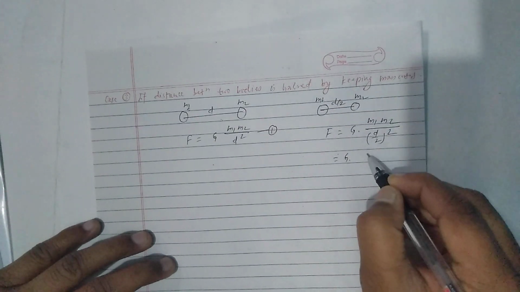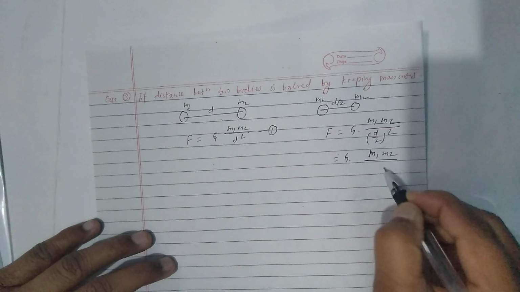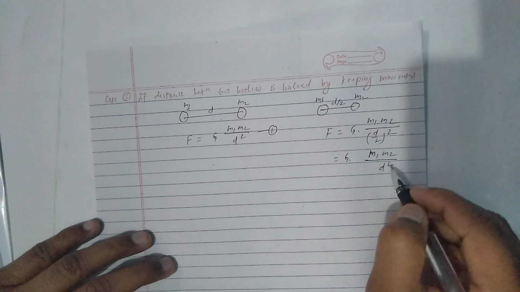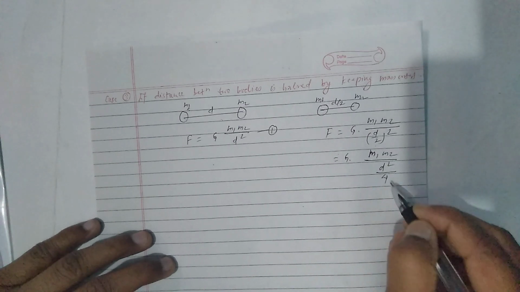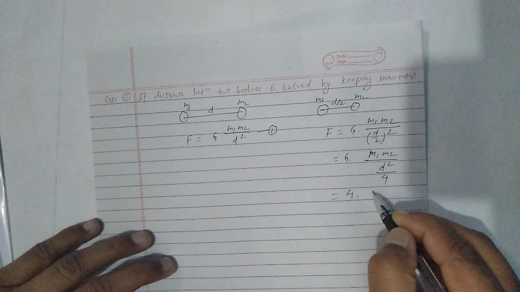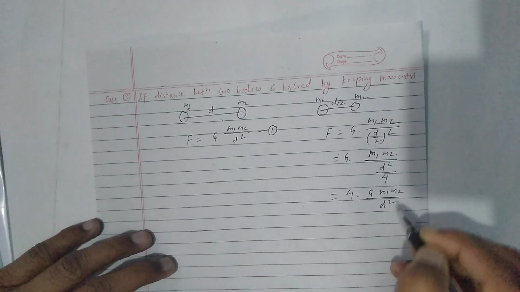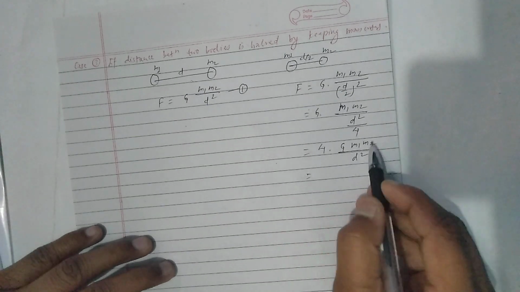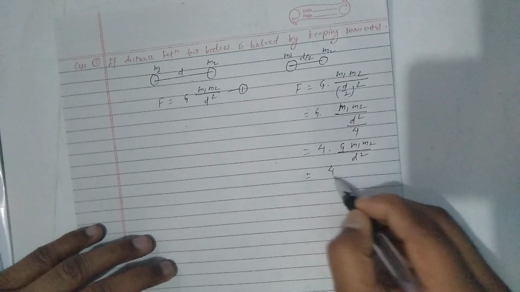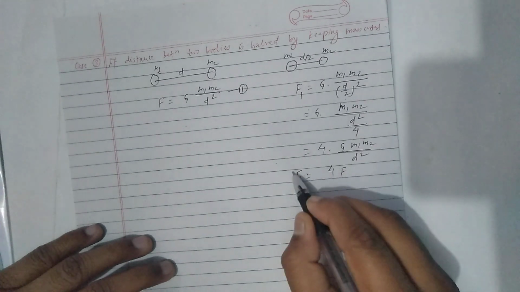So this is G m1 m2 upon d square, but here 2 square means 4, so this value goes up, so we have to write 4 G m1 m2 upon d square. So this is equal to F, so you can write F1 equal to 4F.